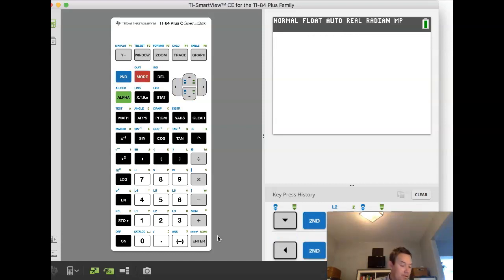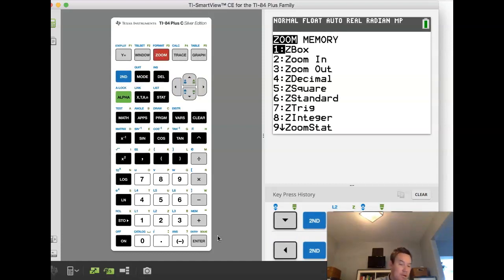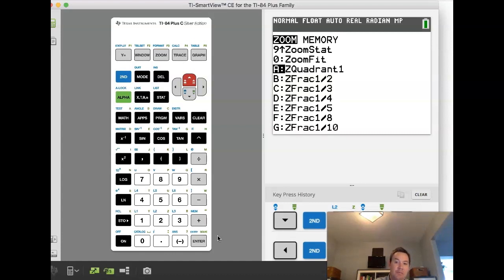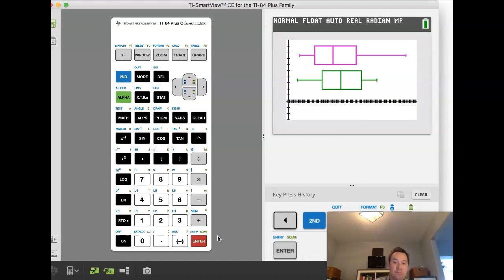All right, then we can go to zoom, the 9th option, which is zoom stat. We get parallel box plots here. So in this graph that I have, the magenta is the men.